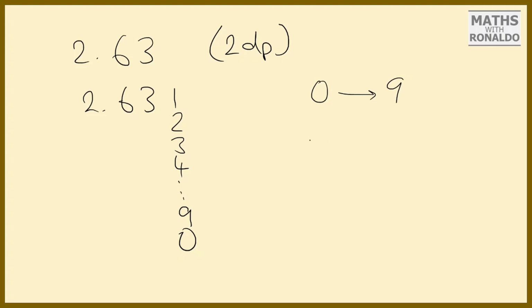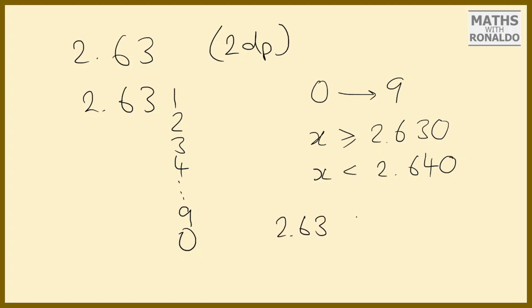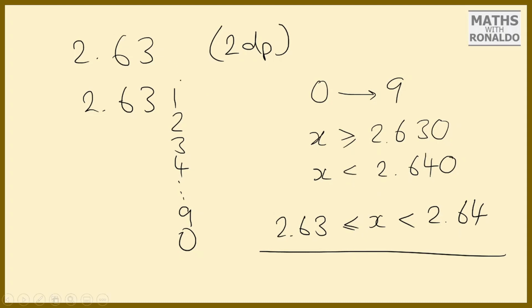So we know that x is more than or equal to 2.630. However, x is less than 2.640, and therefore we can write 2.63 is less than or equal to x is less than 2.64.